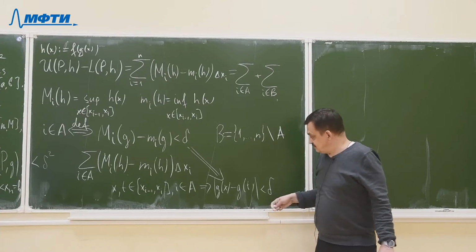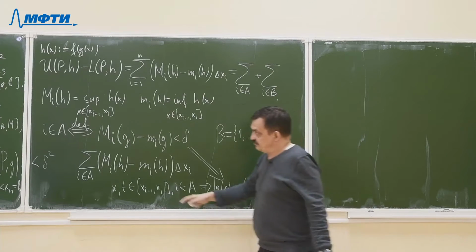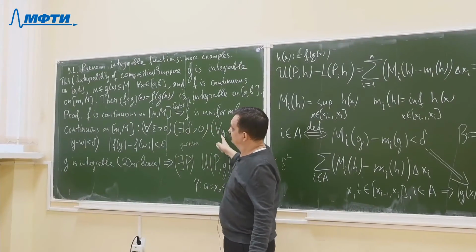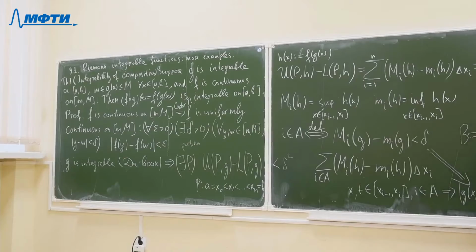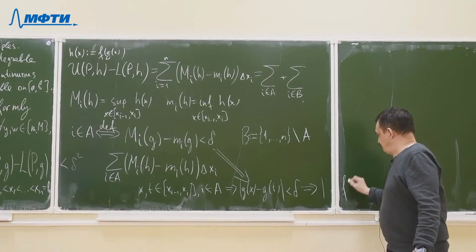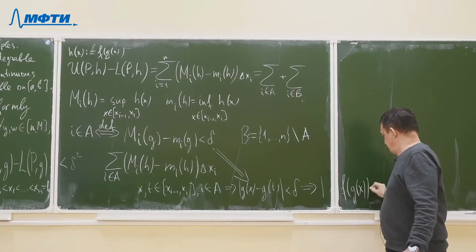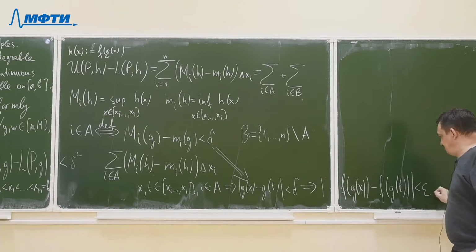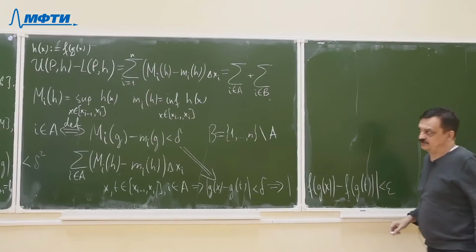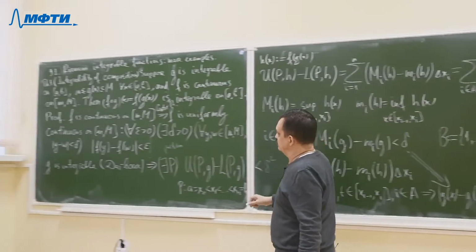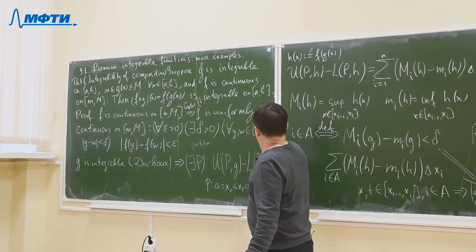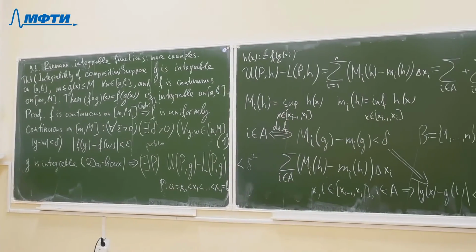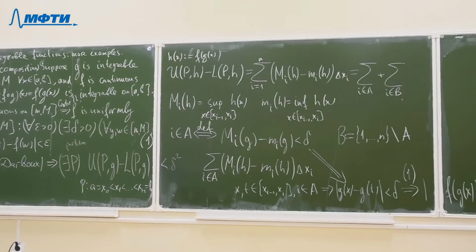Then by our choice of delta, which we choose according to the uniform continuity of f, the difference |f(g(x)) - f(g(t))| is less than epsilon. This was by the choice of delta, so let it be inequality 1, this relation about uniform continuity.